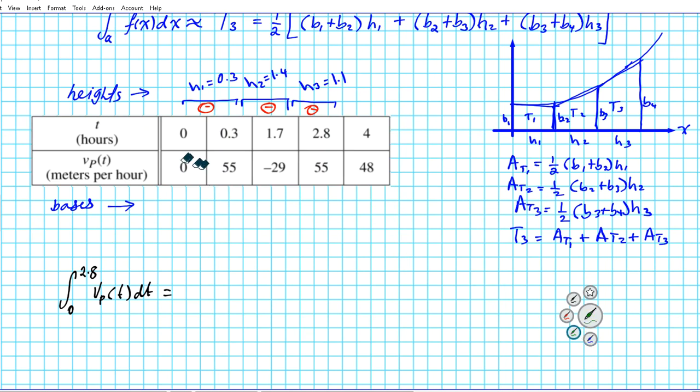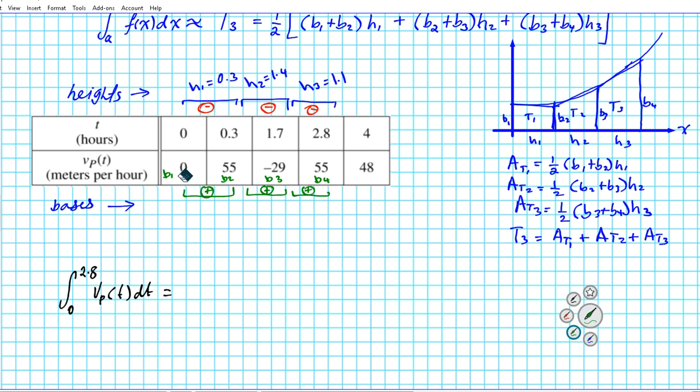Alright, so for this particular case, this is b1, this is b2, this is b3, and this is b4. What are we doing with the bases in our formula? We're adding them, right? So all you do is you're just going to add these two, add these two, and add these two.